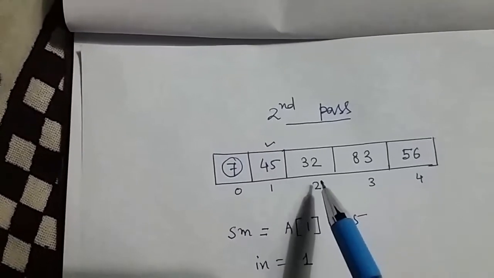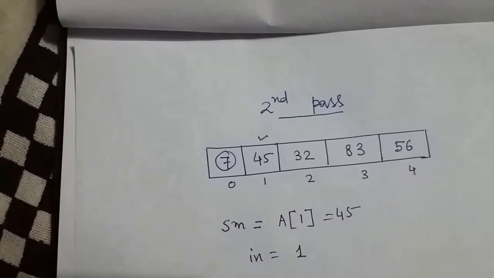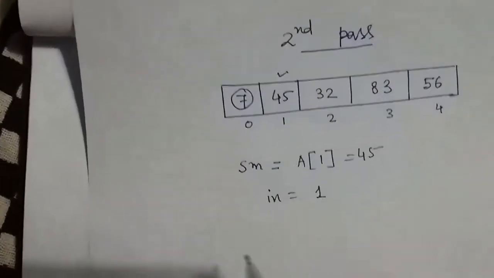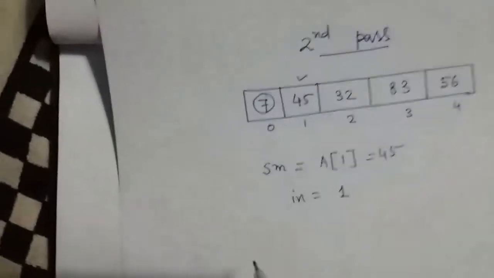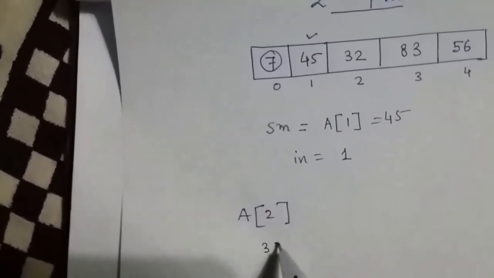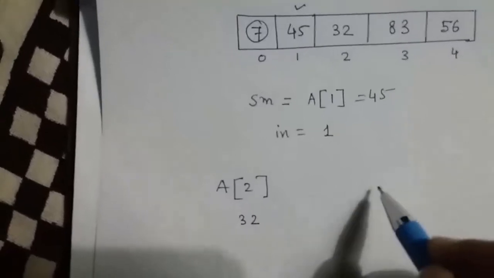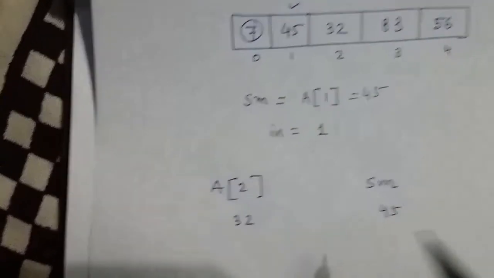So I'm marking this one. So the elements placed at index number 2, 3 and 4 will come here for comparison. At first A of 2 will come. So A of 2, which is 32, and SM, which is 45.